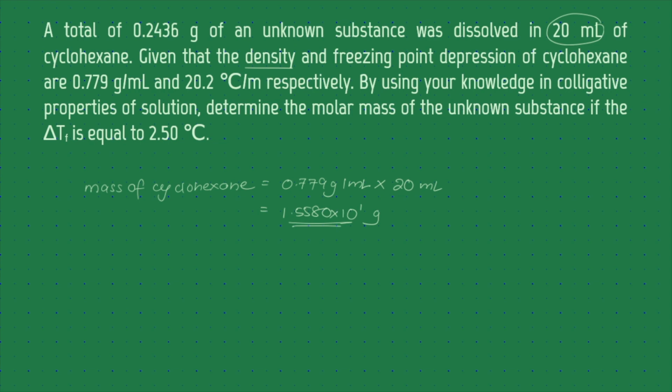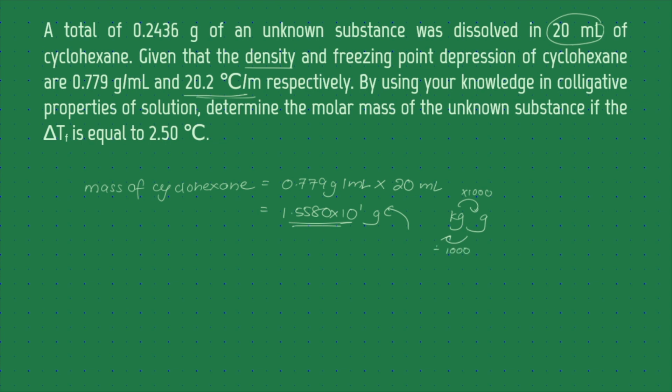But since we are going to find the molality, because the freezing point depression needs the molality, you need this cyclohexane, which is the solvent, to be in kilogram. So from gram, we need to convert to kilograms. Kilogram to gram is times 1000, so we need to reverse back.